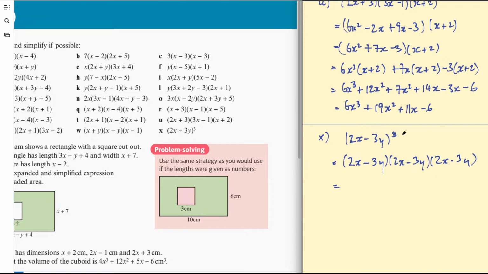Well, let's do it this way and then maybe we'll recognize something. Yes, and you can use binomial expansion for sure. So expanding the first two sets of brackets: 4x squared, take 6xy, take 6xy, take 12xy plus 9y squared, multiplied by 2x, take 3y.